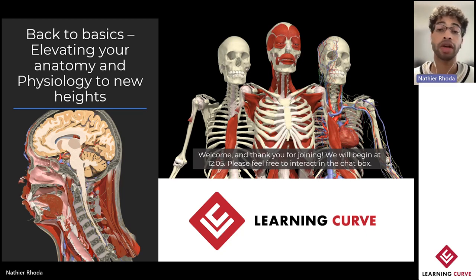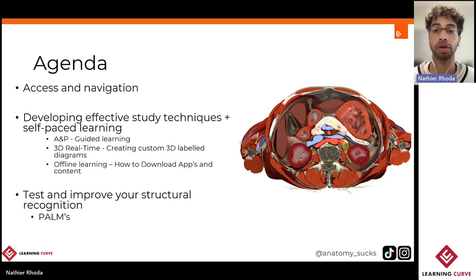Basically, on the agenda for today, we'll keep things pretty simple by taking a look at how to access and navigate the platform as a web-based application. We'll then touch on how to develop some effective study strategies, as well as how to make use of these various self-paced learning activities.